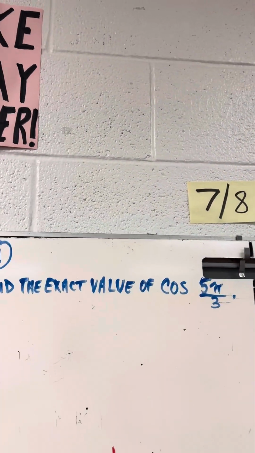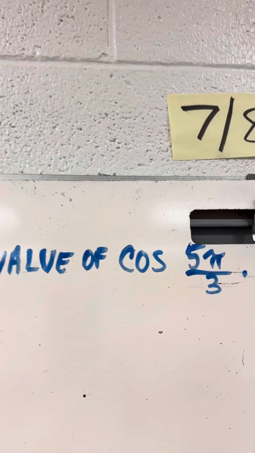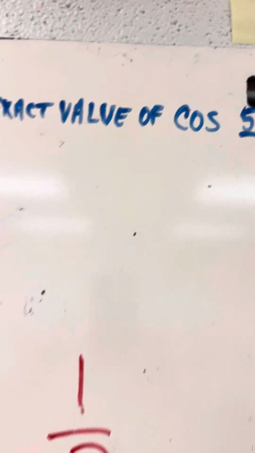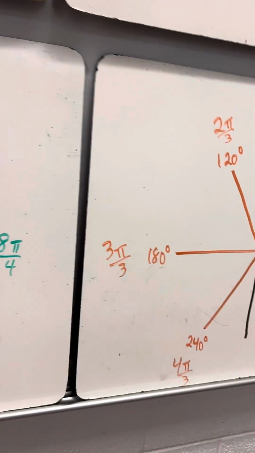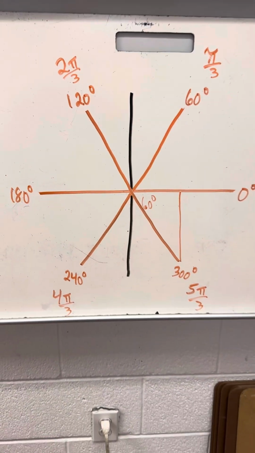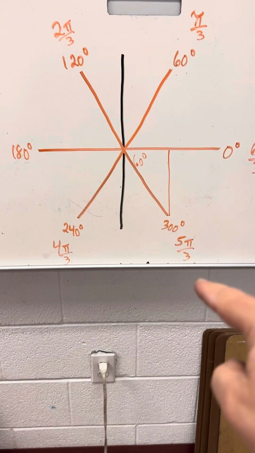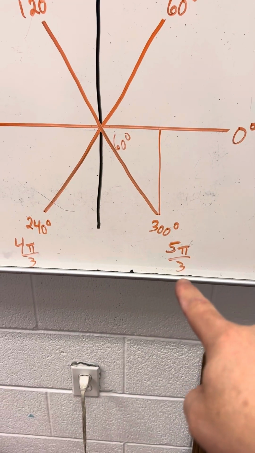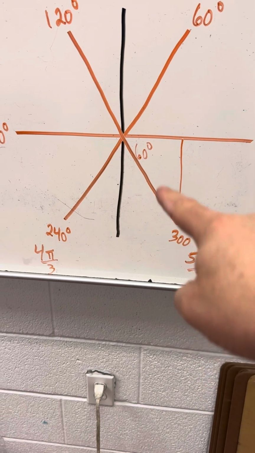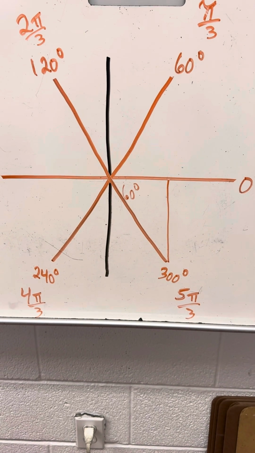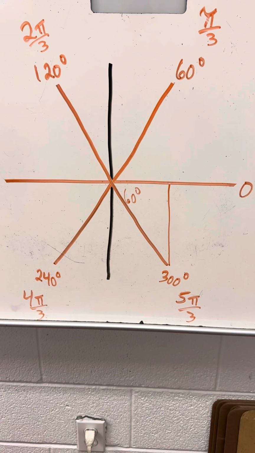Okay? So now, find the exact value of cosine 5 pi over 3. Well, where's 5 pi over 3? Here's pi over 3, right? And 5 pi over 3 is here, which is a 60-degree reference angle, okay? So these are 60-degree angles.